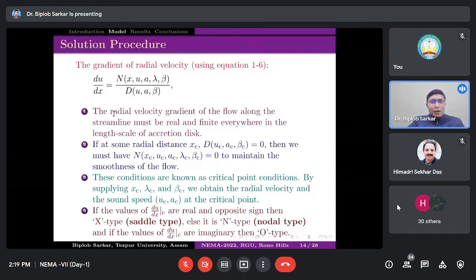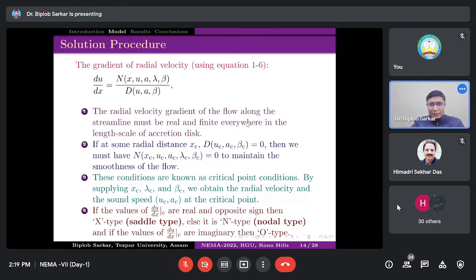Now the radial velocity gradient of the flow along the streamline must be real and finite everywhere. That means when the accreting matter is going from the outer edge of the accretion disk and entering into the black hole horizon, throughout the length scale of the accretion disk, the radial velocity gradient of the flow must be real and finite everywhere.